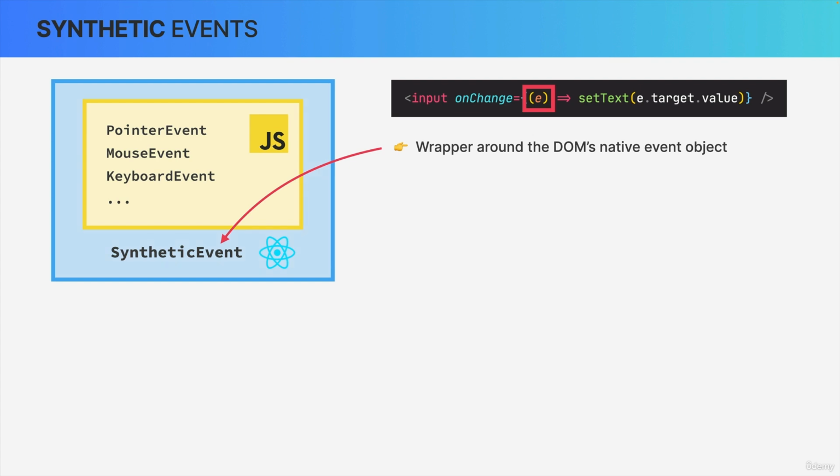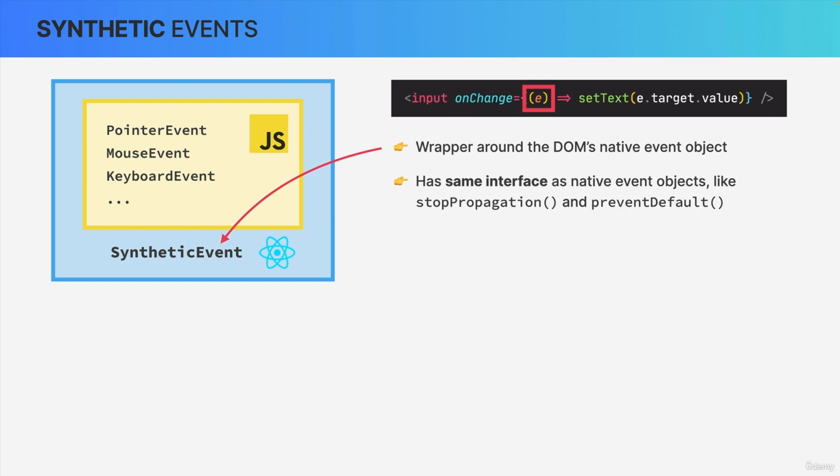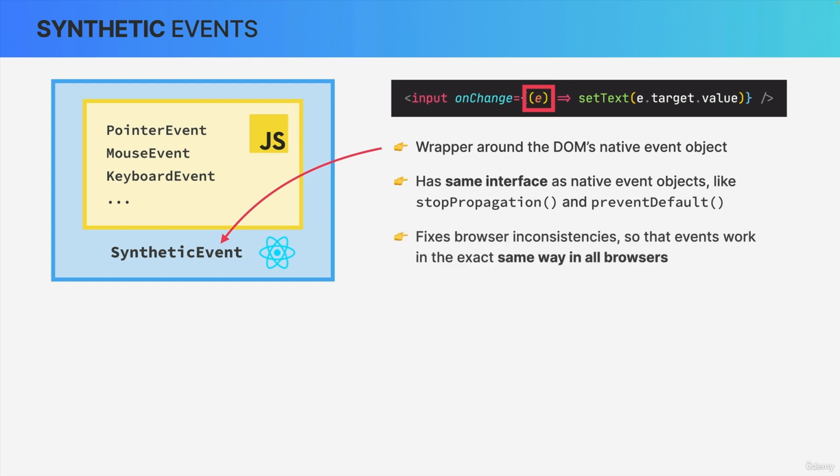So these synthetic events have the same interface as native event objects, and that includes the important methods stop propagation and prevent default. What's special about synthetic events though, and one of the reasons why the React team decided to implement them, is the fact that they fix some browser inconsistencies, making it so that events work in the exact same way in all browsers.